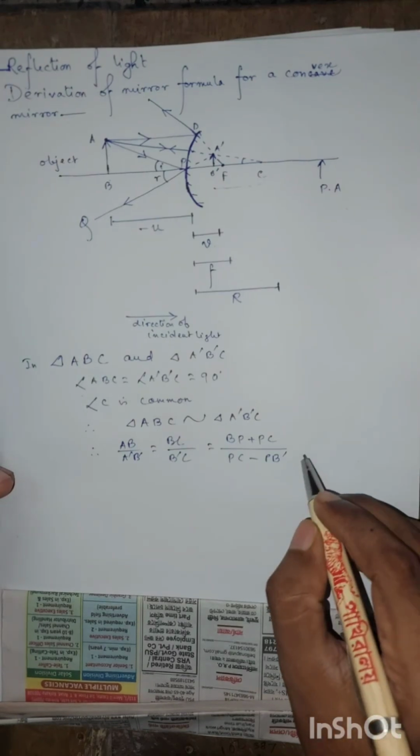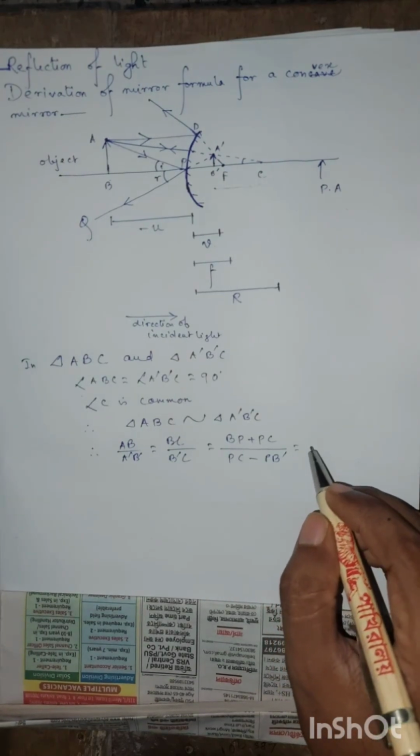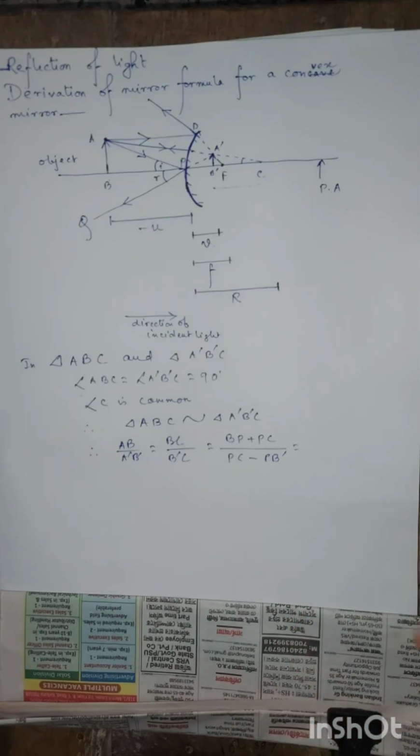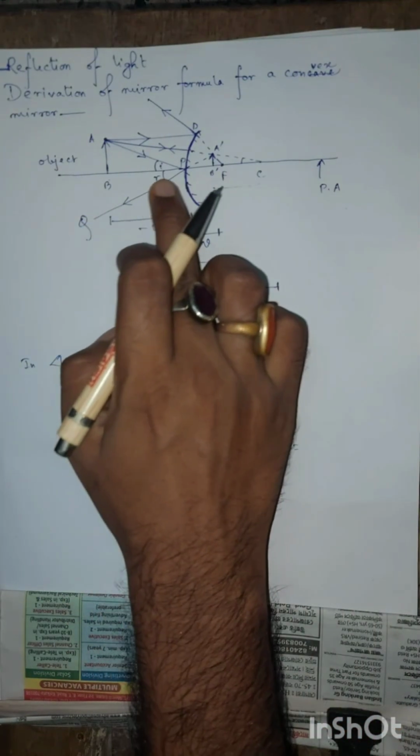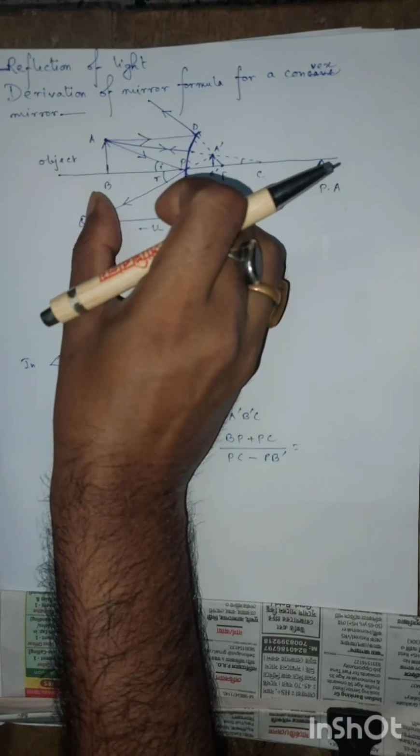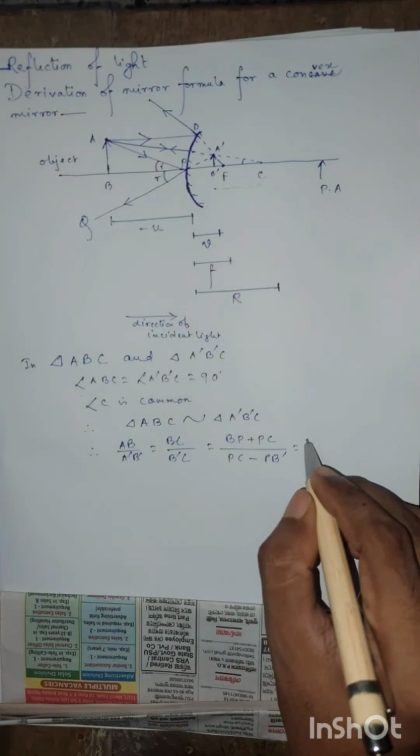Now BP is equal to the object distance, which is minus u.